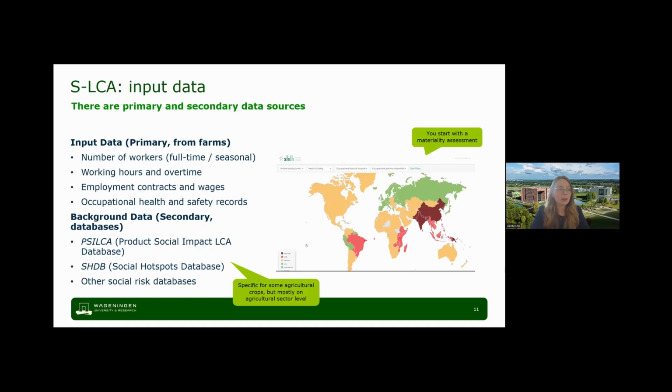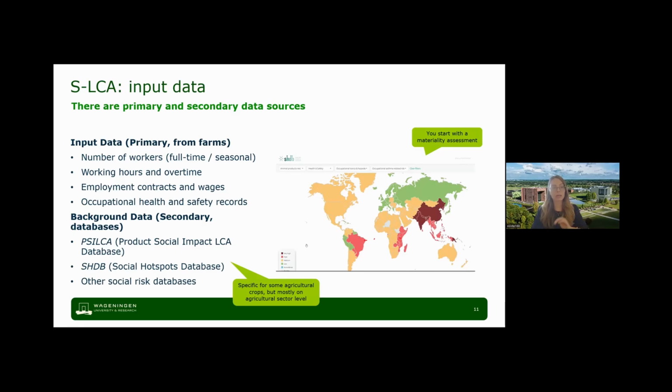But usually these background databases, at least for the social parts, are quite on an aggregated level. So that's a pity. So we have to take that into account. So it's not very product specific, but more sector specific. And as I said before, there are many social topics you can take into account, but usually not all of them are taken into account because it's not always relevant. So first, in a study always start with an assessment of what are relevant social issues in this value chain in this region.